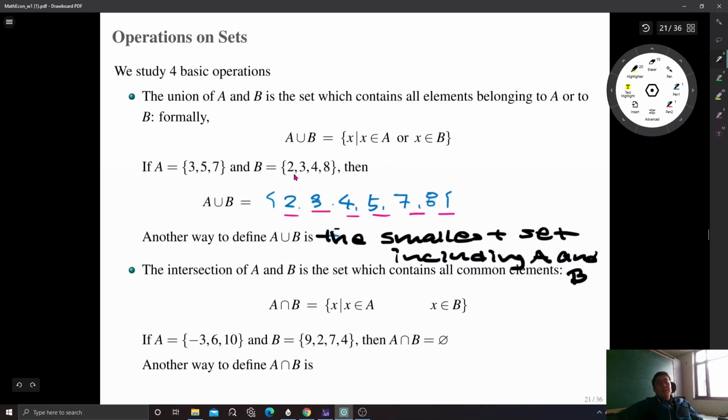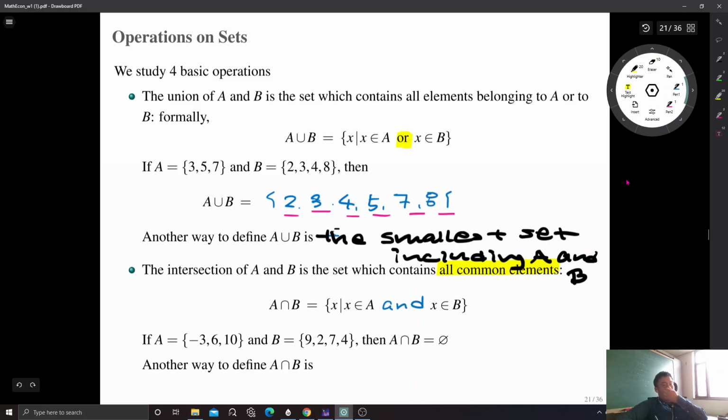All right, so this is the concept of the union of two sets, and then we can think of the intersection. The intersection is the set which contains all common elements. Union is defined as the collection of elements x such that x is an element of A or x is an element of set B. But for intersection, we use AND, because it's the set of all common elements.